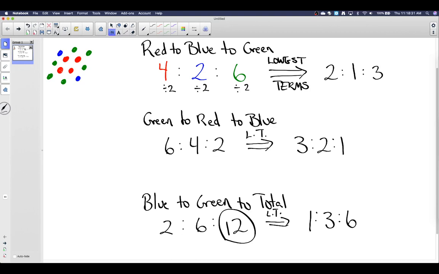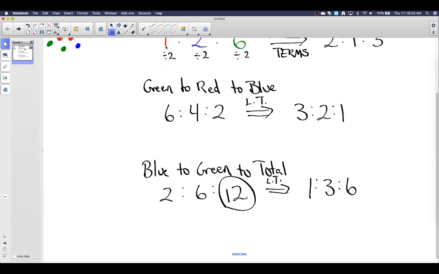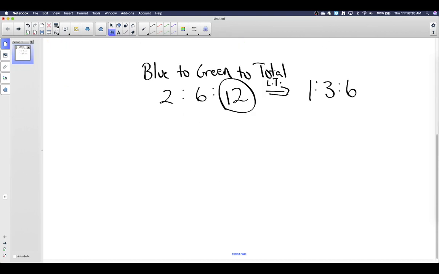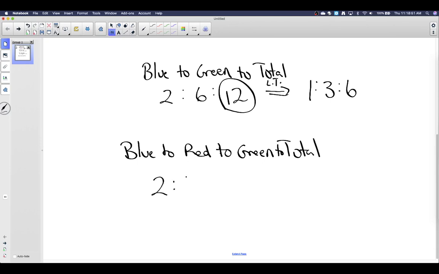Okay. Now, I did say, yes, 3-term ratios. However, I could look at all of my parts together. So I could say blue to red to green to the total. So I could compare everything all together in one. So there were 2 blue, there were 4 red, there were 6 green, and there were 12 total marbles. So I could compare all of my parts and my total in one ratio and have 4 terms, and that's totally acceptable.